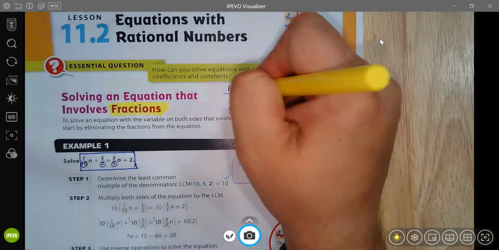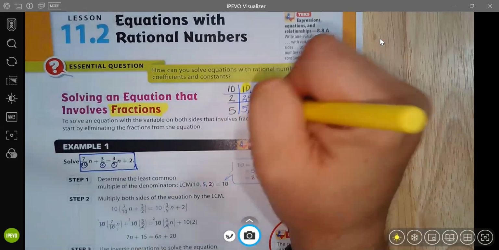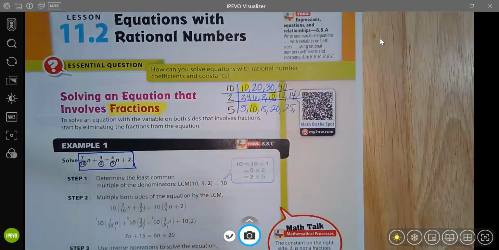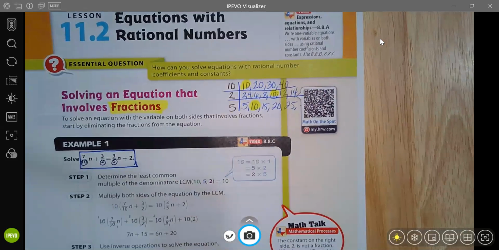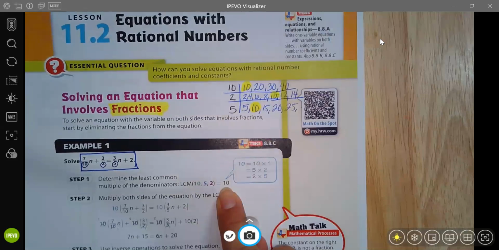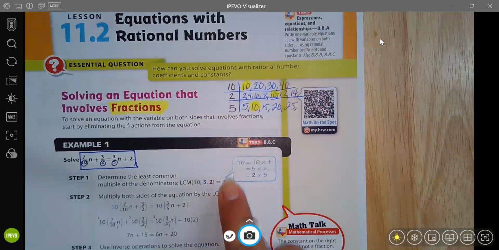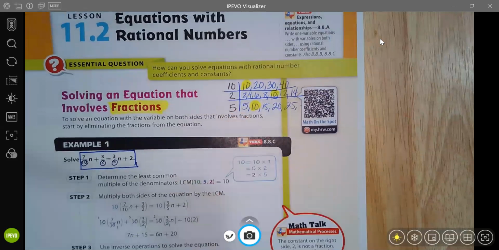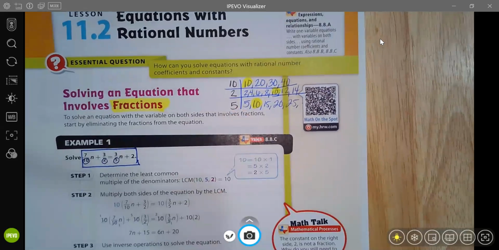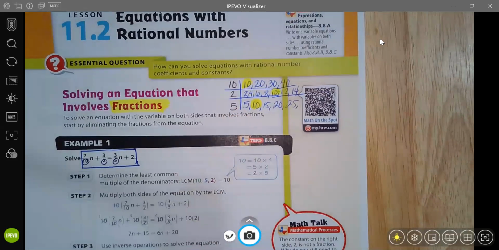So I have a 10, a 10, and a 10. That means between the numbers 10, 2, and 5, the LCM is going to be 10. Okay, so that's how we got the LCM for those three numbers. Hopefully by doing that, that's going to help us find our LCM for fractions when we need to get rid of or eliminate them.